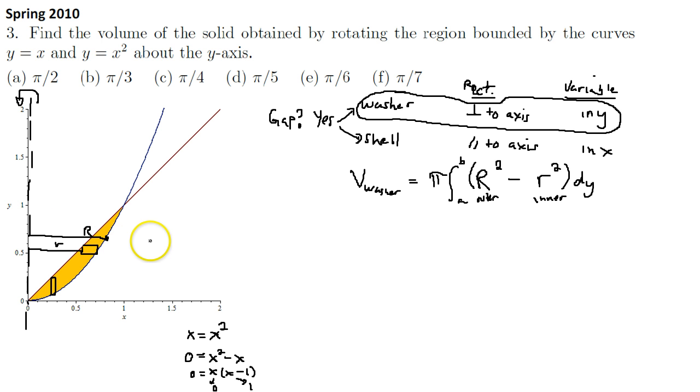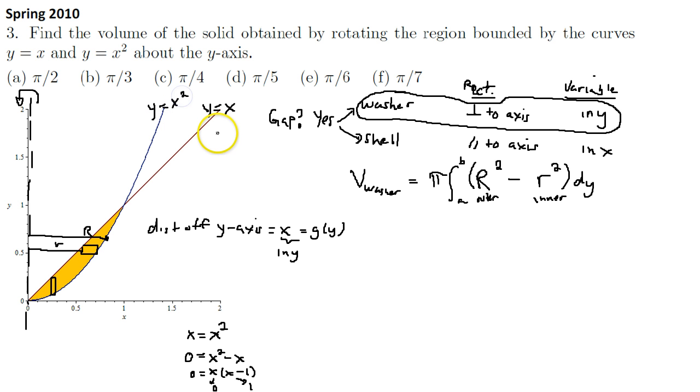Okay, and those are x distances because they are the distances off of the y-axis. So those are x distances, but our integral is in y, so we need to do a transformation. This guy is called y equals x. This guy is called y equals x squared. And so the inner radius is to the line, so that'll be y.